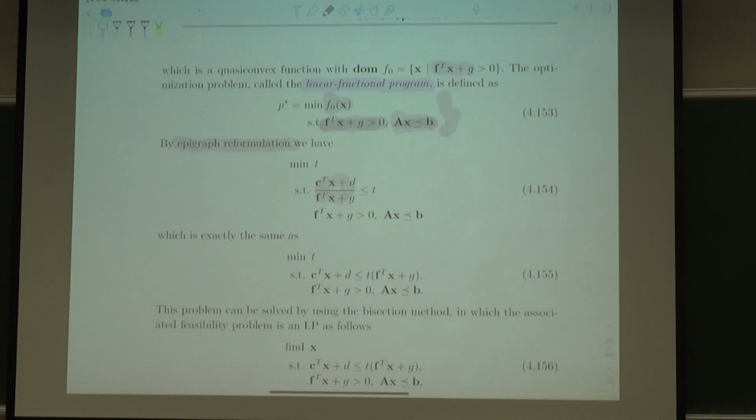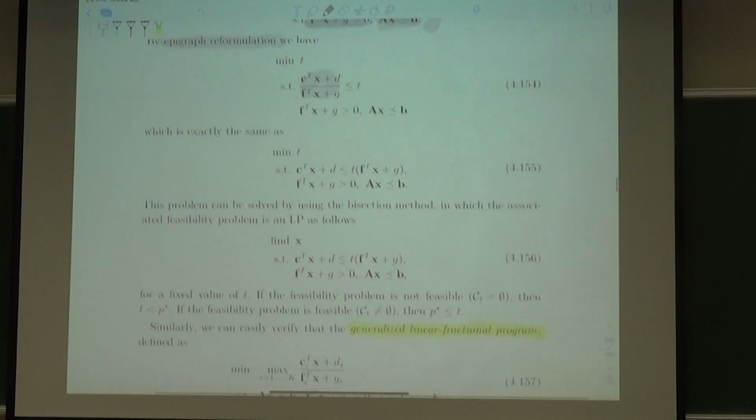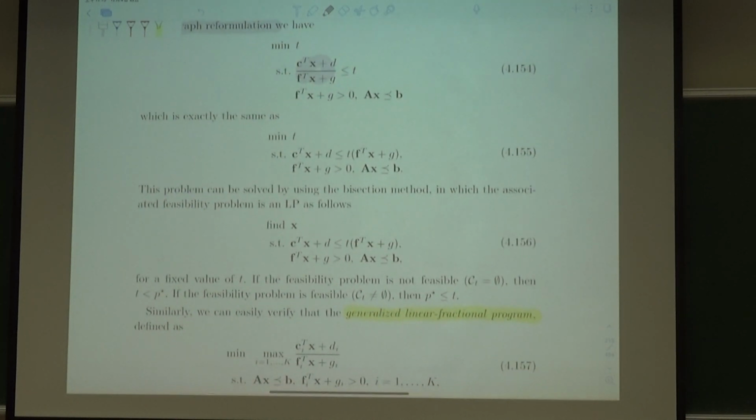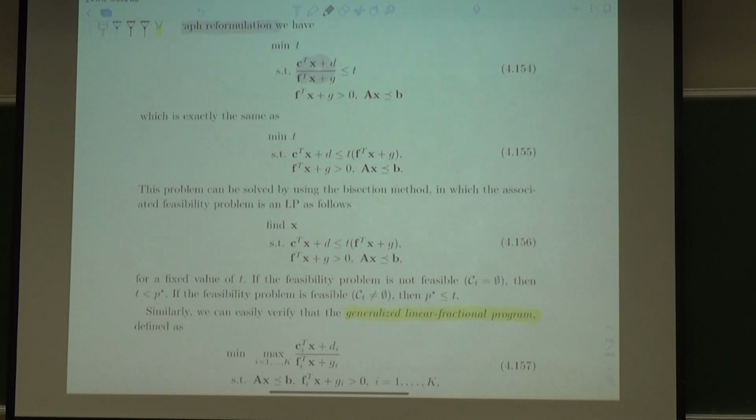Then through some function transformation, it should be simplified. You end up with this. This is still a quasi-convex problem, and this fractional form is not convex.